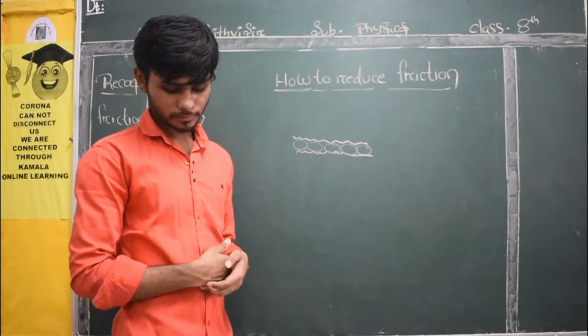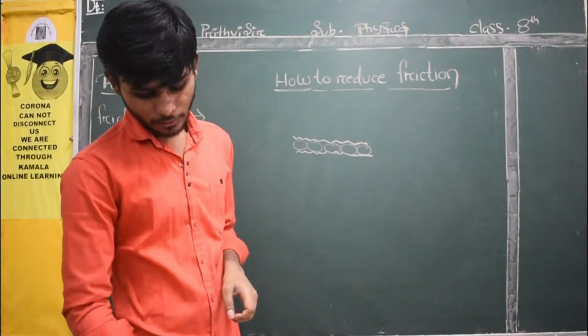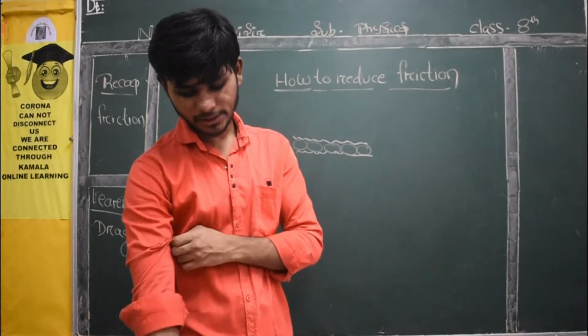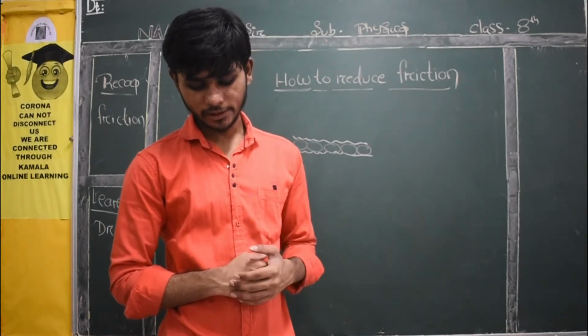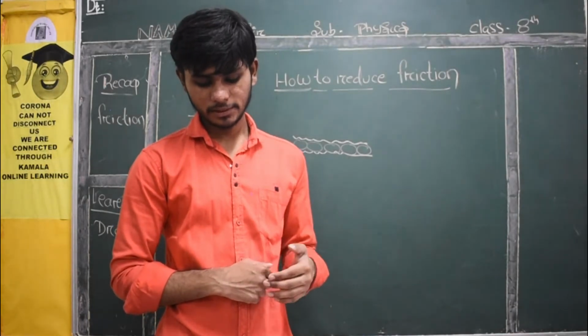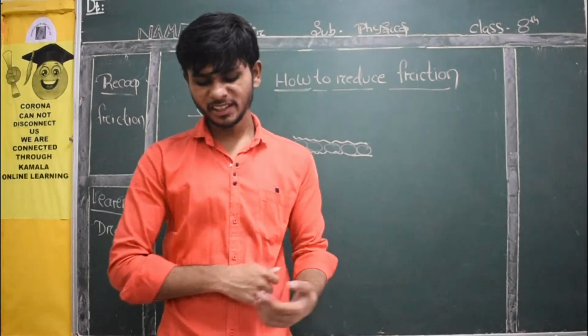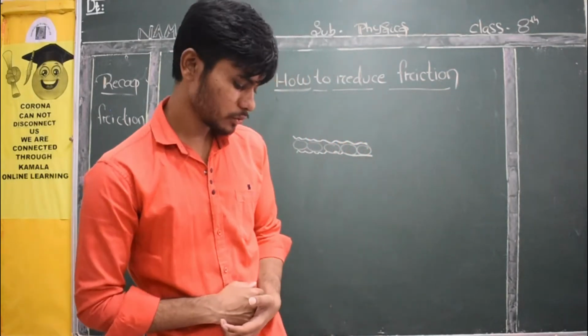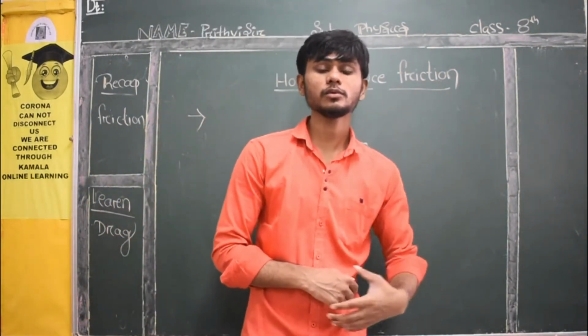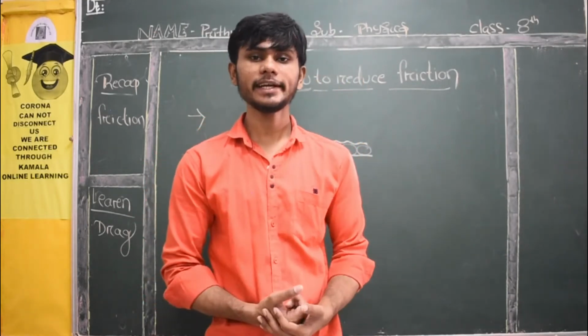Are you getting it? Okay. Friction can be advantageous in some cases and a disadvantage in other cases. You will find that friction is more in the latter case. Therefore, in our upcoming case, students, let us take the example of our bike or shoes, the running shoes, which we prefer for running and all.